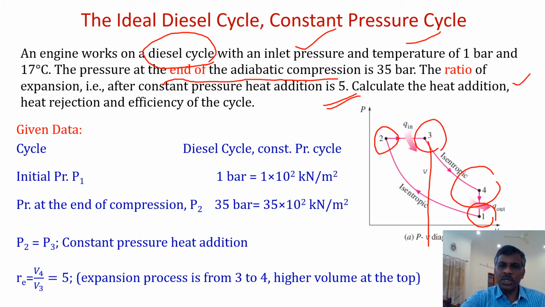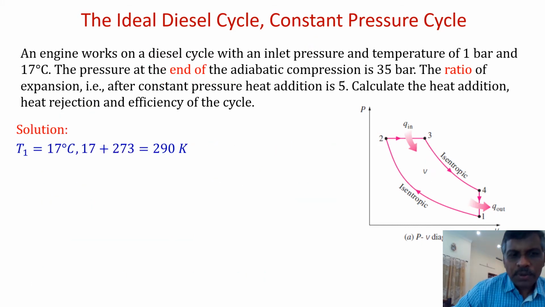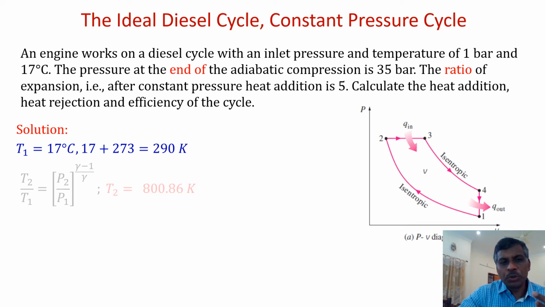Then they are asking you to calculate heat addition, heat rejection, and efficiency. Again, the best rule is to calculate all the 4 temperatures. T1 is given, so calculate T2, T3, and T4. T1 is 290 Kelvin. Let us take T2.